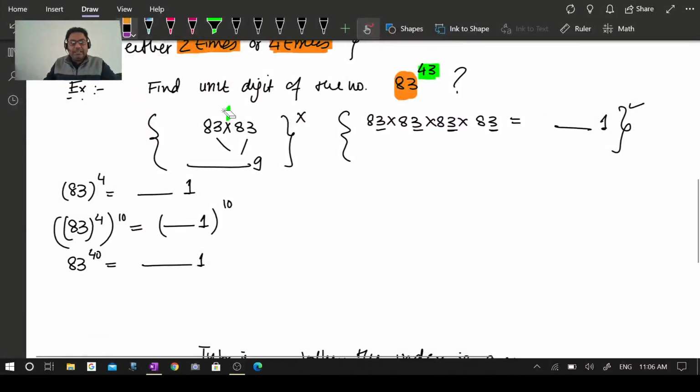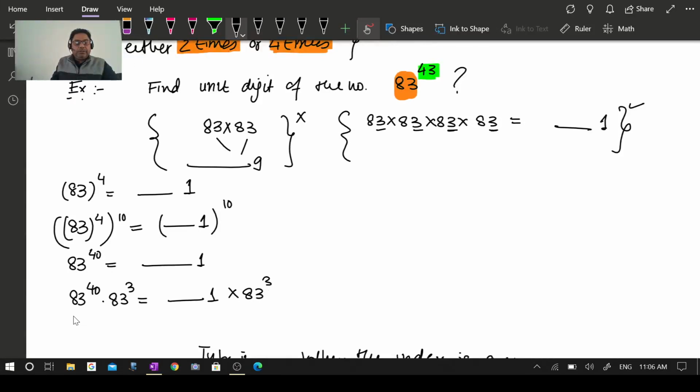Yes, it is, guys. So now what we need to do is just check out. We need to go to 43. So 83 to the power 40 into 83 to the power 3 would give you a number ending with 1 into 83 to the power 3. So this subsequently is making 83 to the power 43 a number ending with 1 into, now 83 to the power 3, 3 3s are 9, 9 3s are 7.